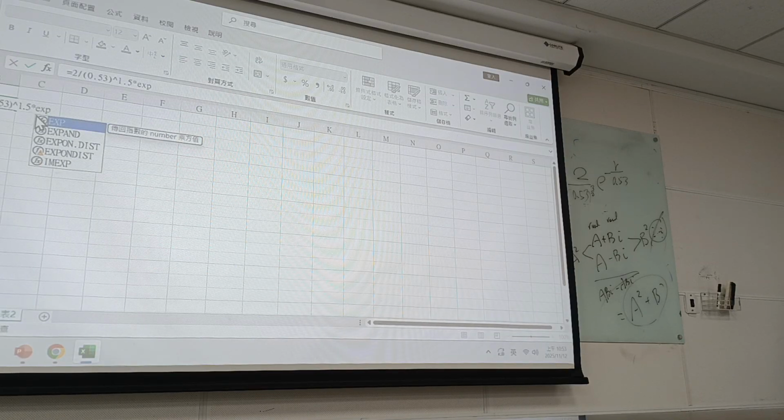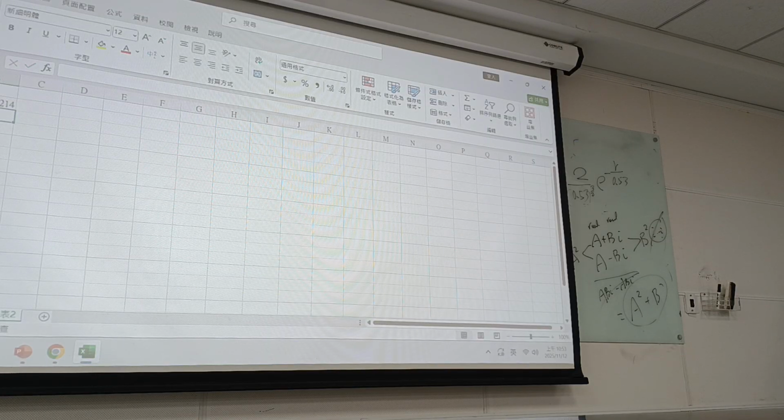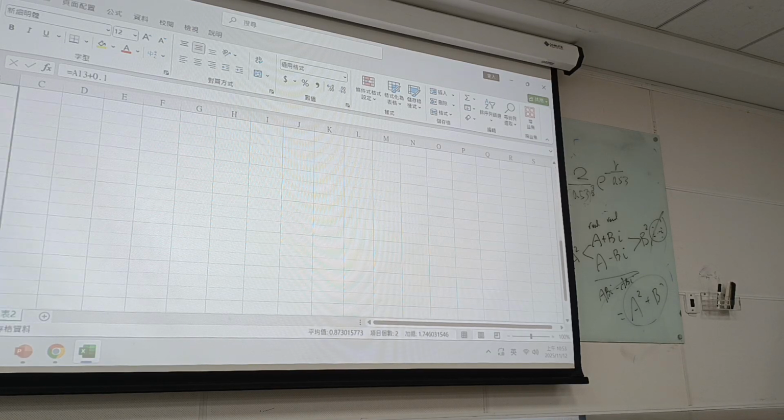exponential minus R, this is R, divided by a naught. So this is the R function.